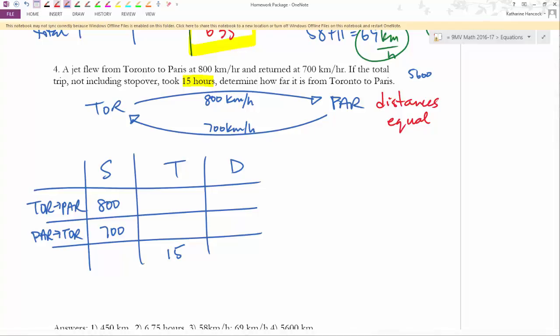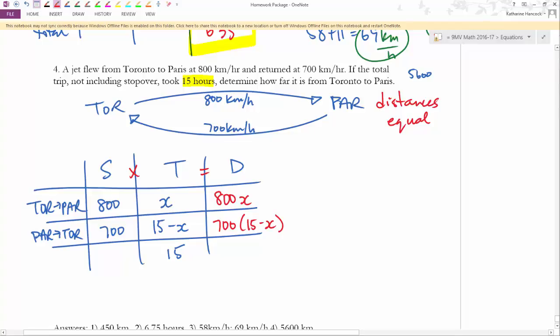I'm going to let x be the time it took to go from Toronto to Paris. If we were going faster, that one's going to be less time. That means Paris to Toronto, because we were going slower, is going to be 15 minus x. And speed times time equals distance.